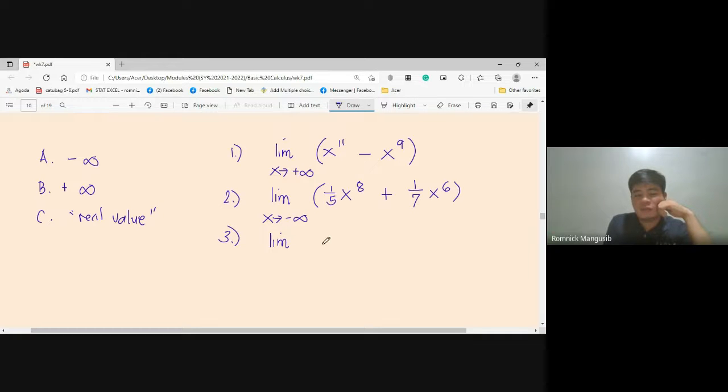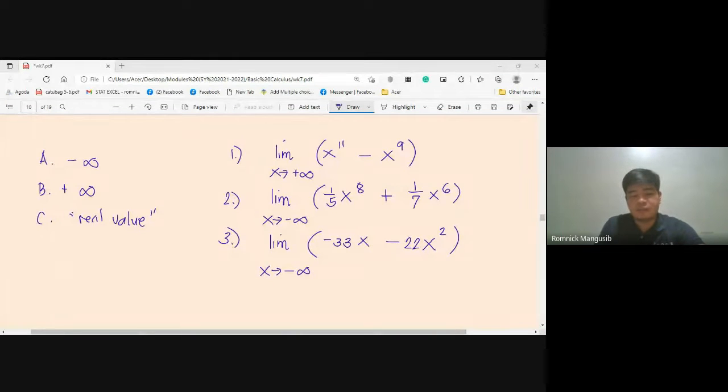And number 3, what is the limit of negative 33x minus 22x squared as x keeps on increasing? Okay, so comment, let me change this one, as x keeps on decreasing. Comment A if that's negative infinity, B if it's positive infinity, and if you have a real value limit, then comment the real value. Let me give you 15 seconds to provide your answers.